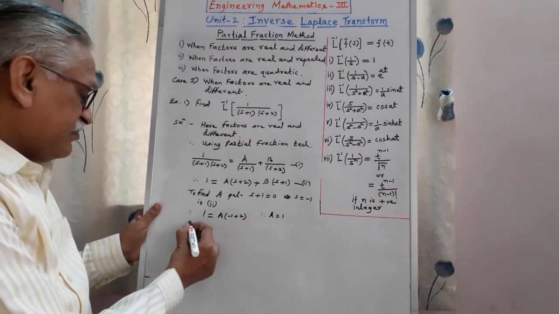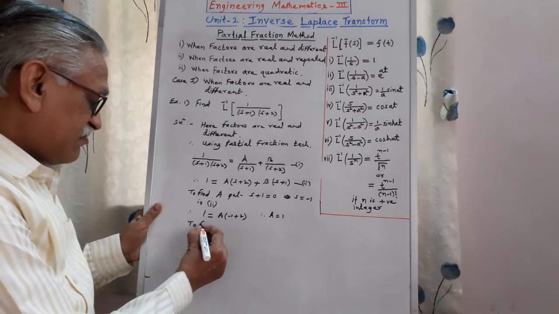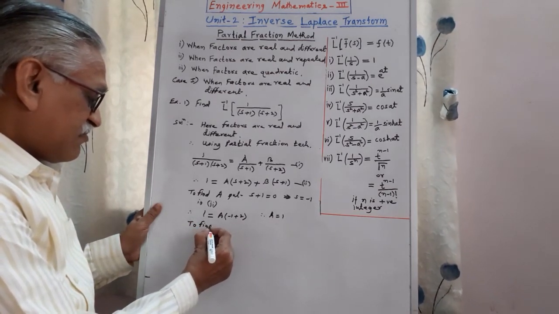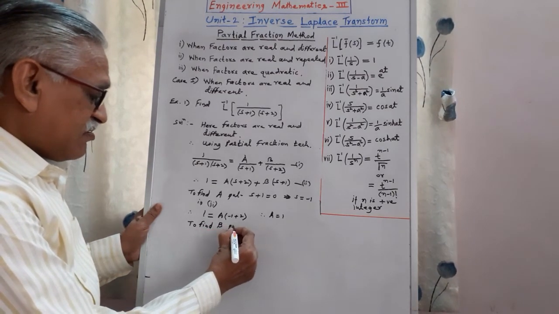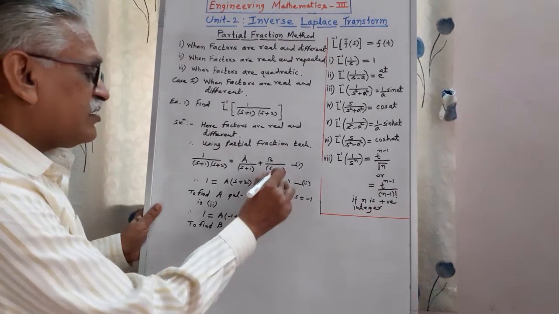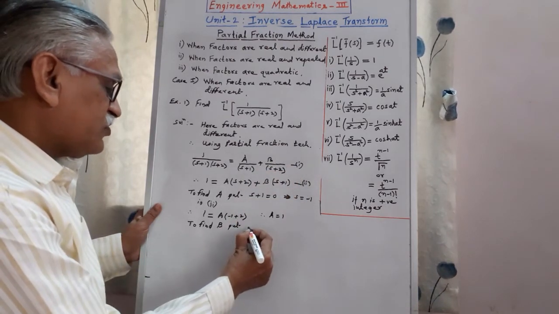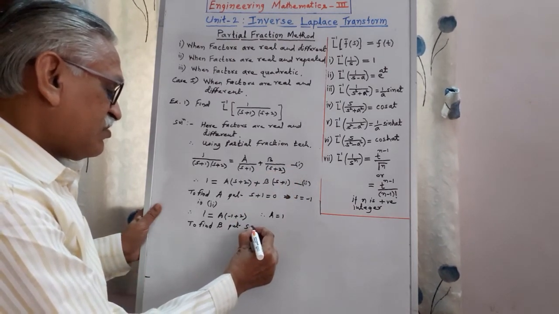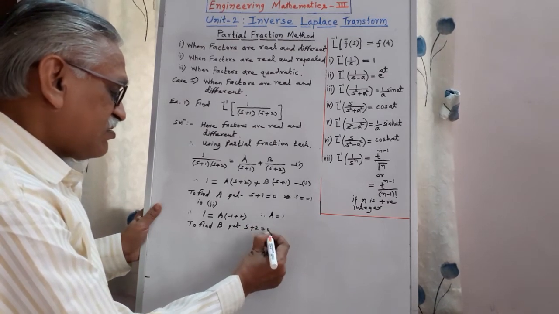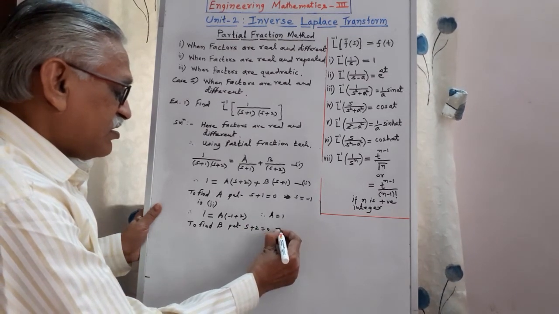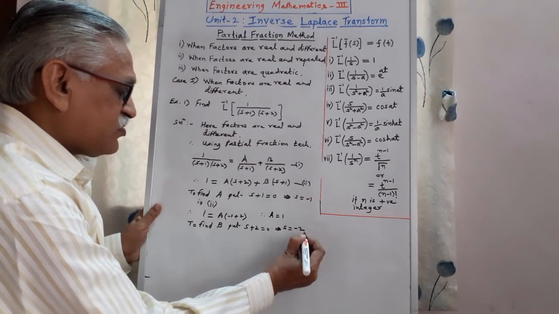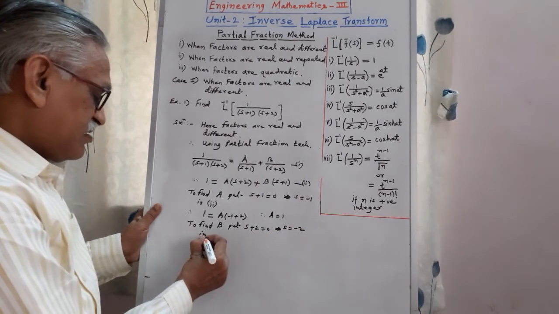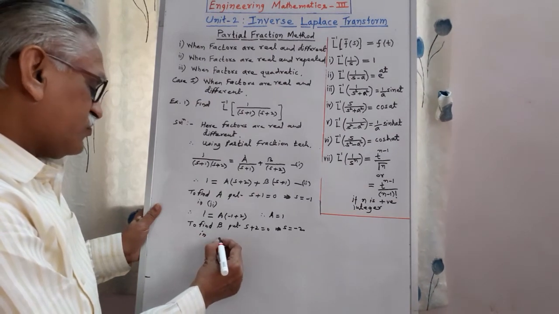And to find B, put that s plus 2 is equals to 0. It implies s is equals to minus 2 in equation 2.